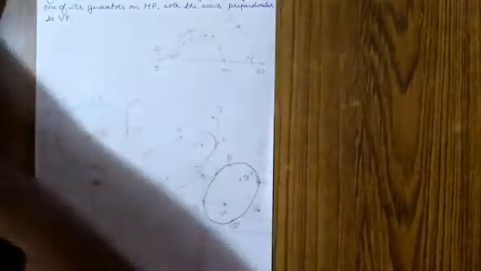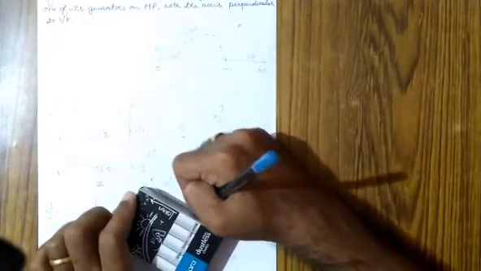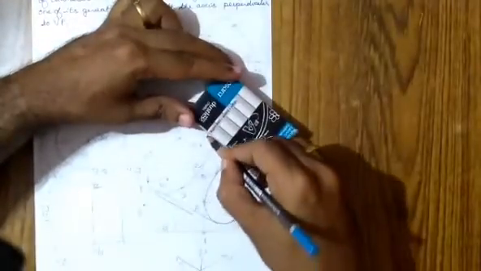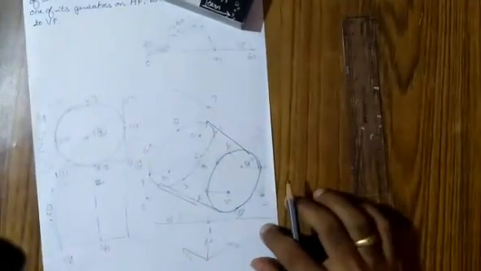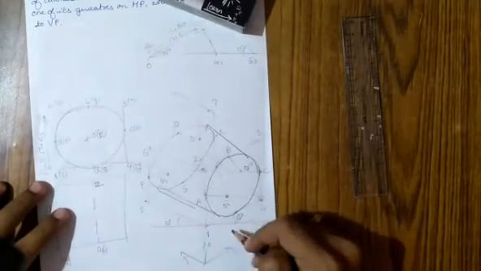So the lateral faces is drawn by just drawing tangents. Draw a tangent over here and you draw a tangent over here. Okay, you draw a tangent over here and you draw a tangent over here. So in this manner you can draw the cylinder, and finally you will have to show the dimension.